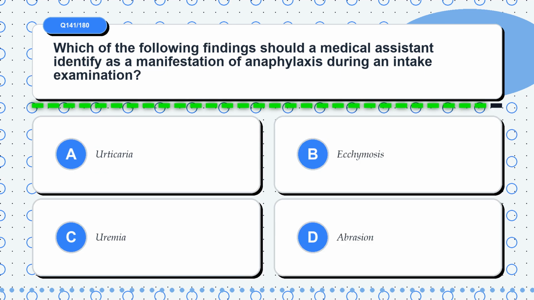Question 141. Which of the following findings should a medical assistant identify as a manifestation of anaphylaxis during an intake examination? Here are the options. Option A. Urticaria. Option B. Ecchymosis. Option C. Uremia.